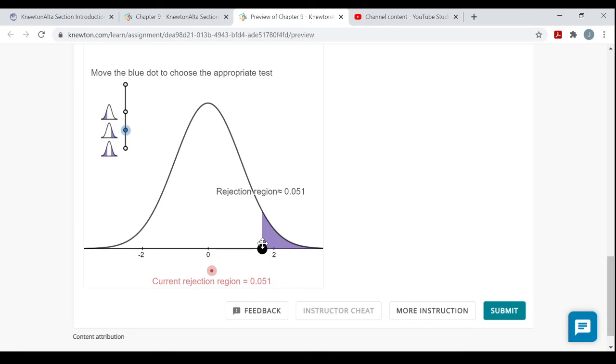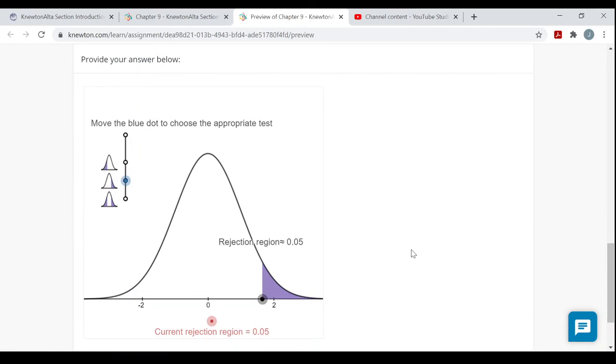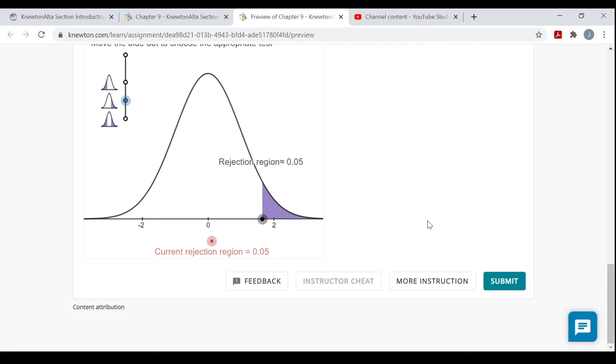There it is. So there's my critical value, something a little less than 2, it looks like. They don't tell me what it is, but see the rejection region now, the area to the right of this critical black dot value, is 5%, and that's alpha. The alpha, the significance level, should be the area of the rejection region.